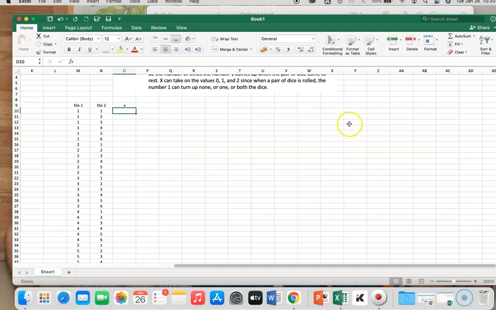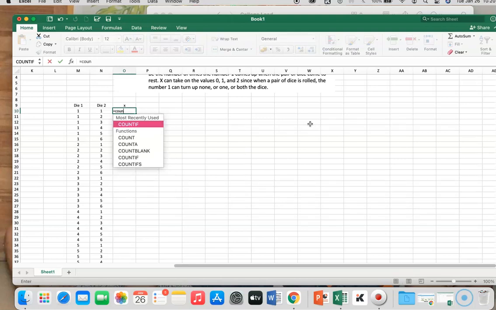So that we will not manually count the number of times 1 occurs in a roll of dice, let's use the Excel formula COUNTIF. Among these two columns, count where 1 appeared.